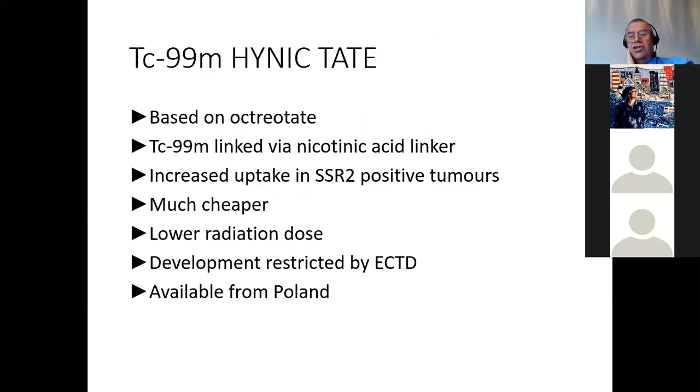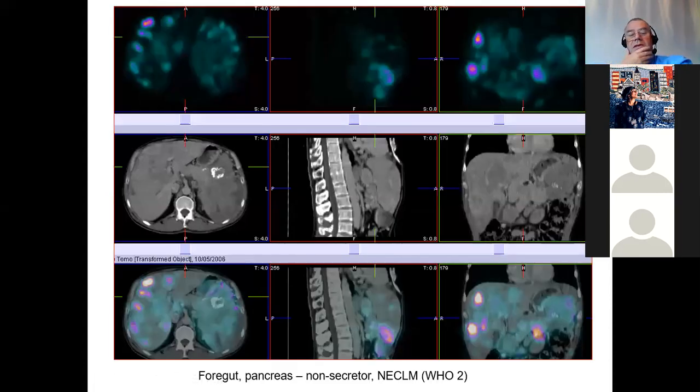It was a lot cheaper, but the company that makes it has been bumping the price up recently because they can make a profit from it. So it's not as cheap as it used to be. Clearly, we have a lower radiation dose, and it's available now and licensed. So the development was slowed down by European legislation, but it's now much better.